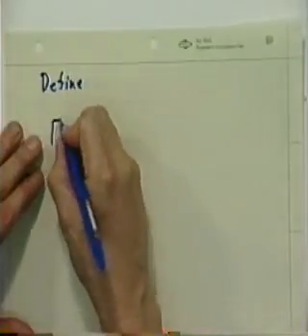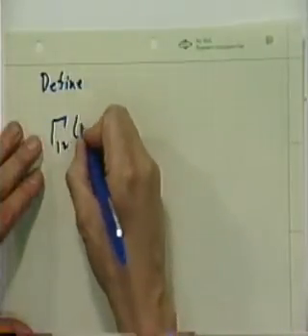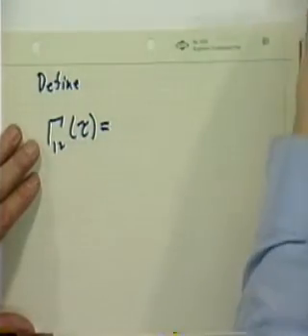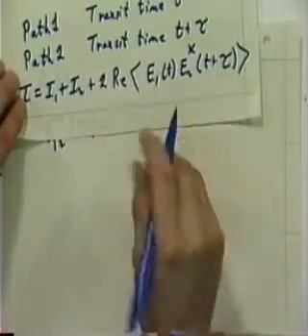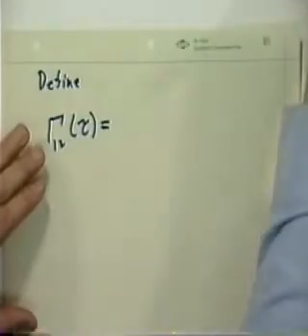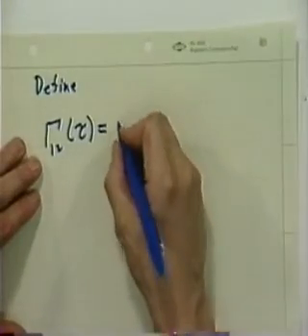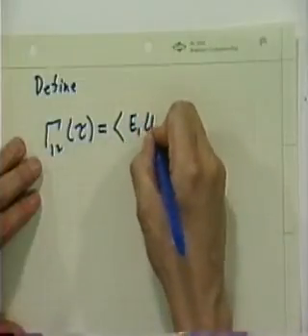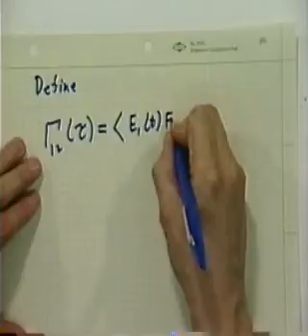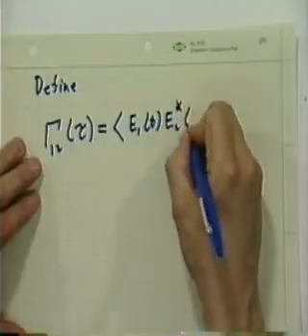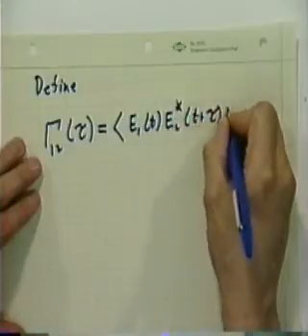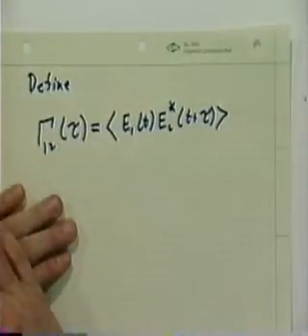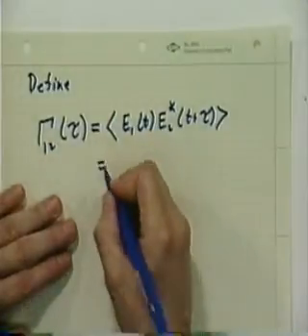I'm going to call it capital gamma 1, 2 of tau, and say that it's equal to the time average of E1 of t, E2 complex conjugate of t plus tau. Okay, so that's gamma 1, 2 of tau.